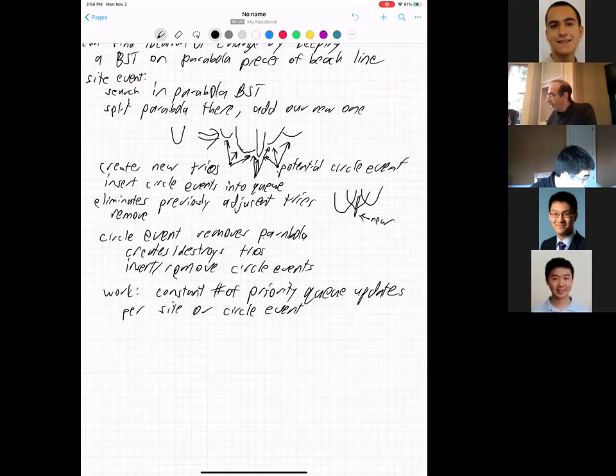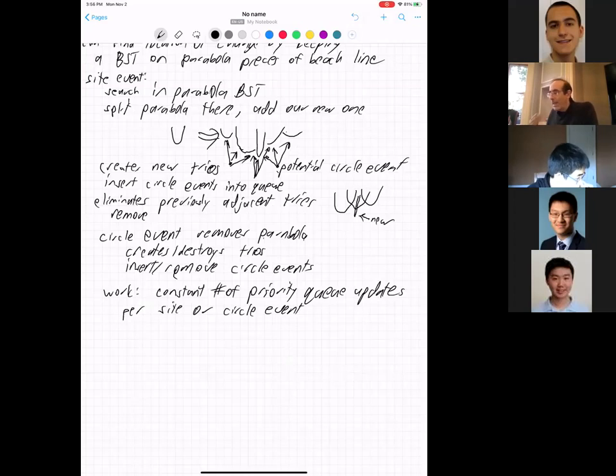And besides the priority queue updates of inserting and removing events, there's also just the delete min. But essentially, the number of operations is determined by the number of site and circle events.